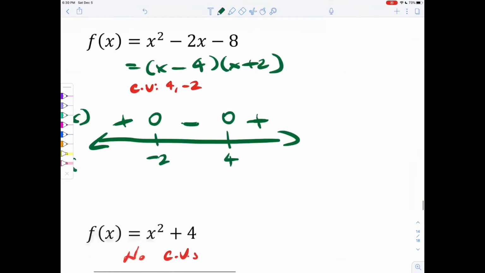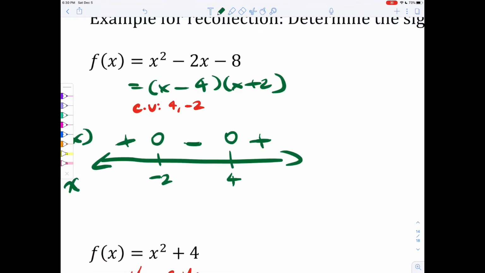The multiplicity of these zeros is 1 because they're each in there only once, to the power of 1. And that's what causes them to behave in the ways where they just cut through and cut through again at the other end.